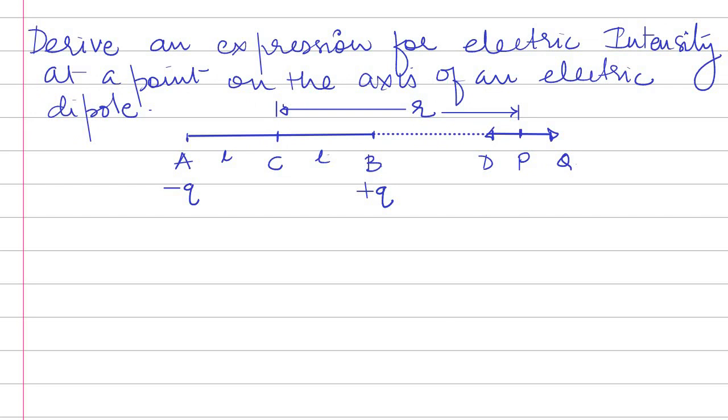Let us derive an expression for the electric intensity at a point on the axis, which is point P here, of an electric dipole. The electric dipole is obviously AB here, charge plus Q at B and charge minus Q at A. Now let the point P be placed at a distance r from the center of the dipole.